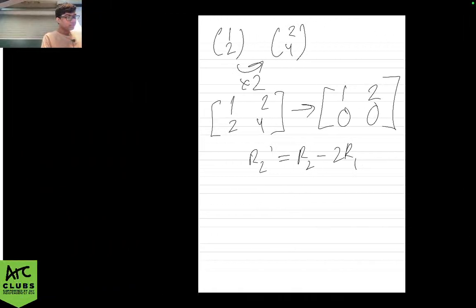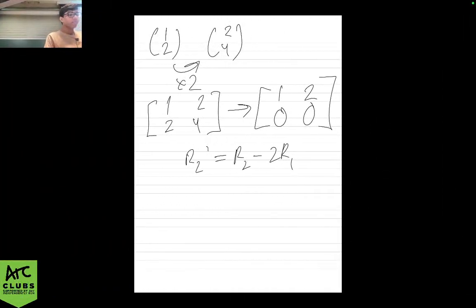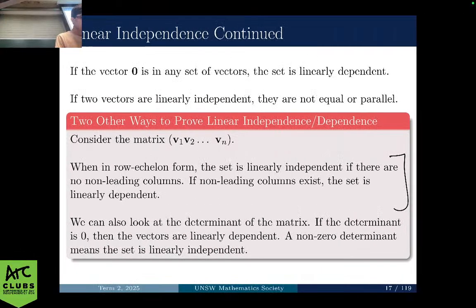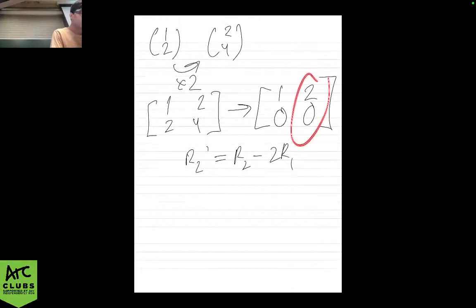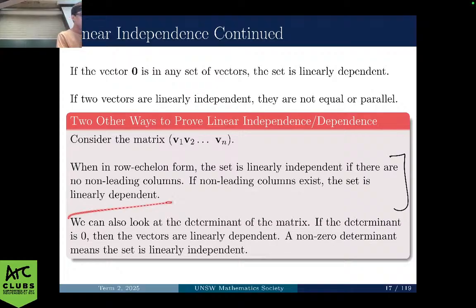What that means is I have rewritten, or I am capable of rewriting, one or multiple of these vectors, depending on how many, as a linear combination of the others. Because I have done that, if non-leading columns exist, so notice here, a non-leading column exists, then the set is linearly dependent. Does that make sense to everyone?